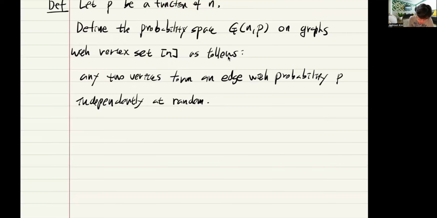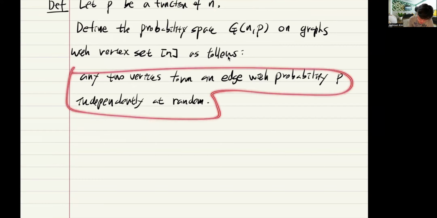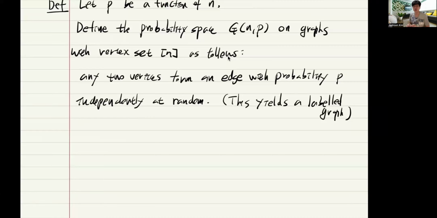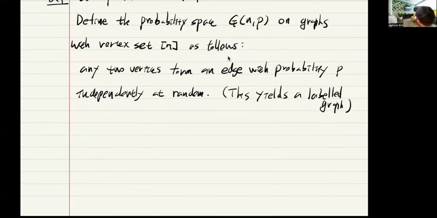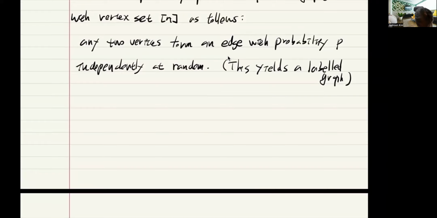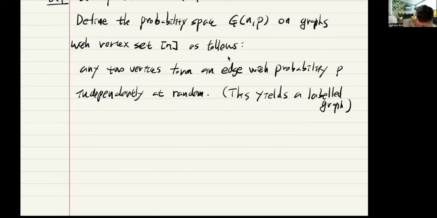So this is a probability distribution over all graphs on this [n]. In particular, this is a labeled graph, so its vertices are labeled. So there could be different labeled graphs which are isomorphic. This is not the isomorphism class of graphs, it's a labeled graph.